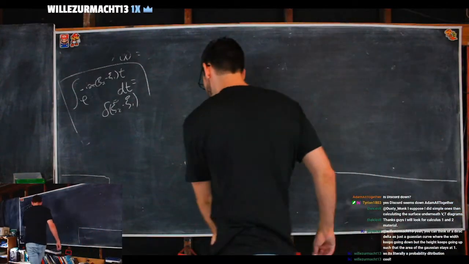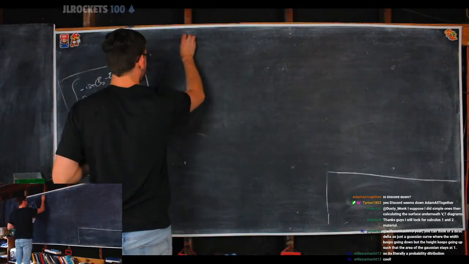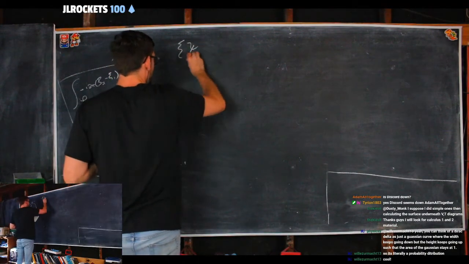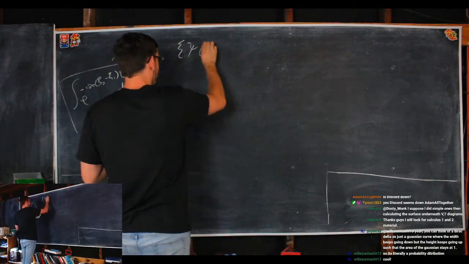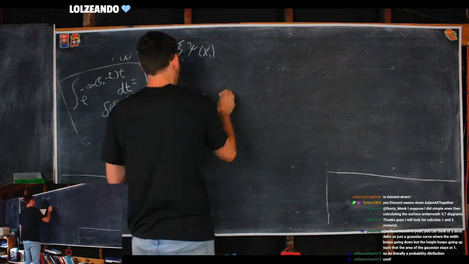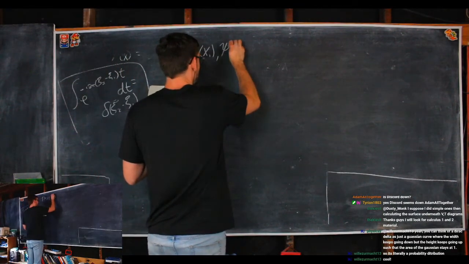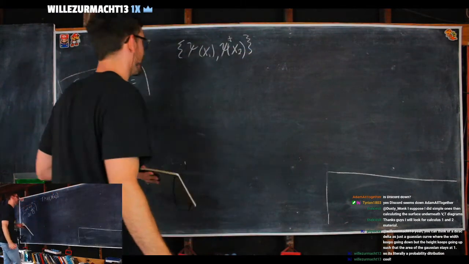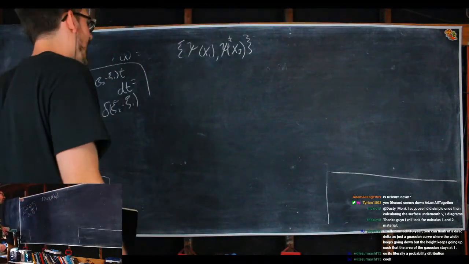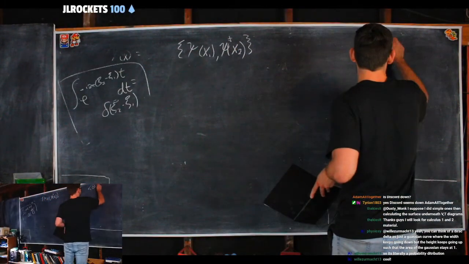And more interestingly, we want to know about the following. What happens if I take the anti-commutator of a field at x1, so here's that position, and a field at x2, so a different position? Why? Well, eventually you want to know how things work in a vacuum.